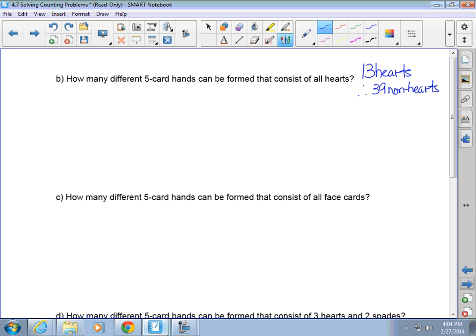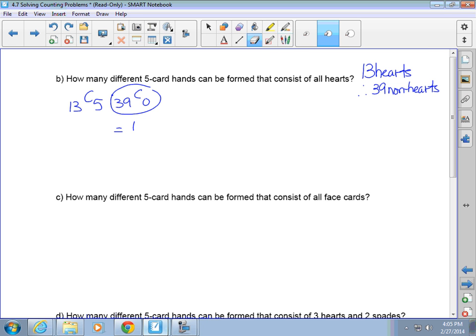So from this 5-card hand, 13 choose 5 are going to come from our hearts, and then we're going to be choosing 0 from our 39 leftover cards. This is just the same as 1. Oops, shouldn't put the equal sign there.